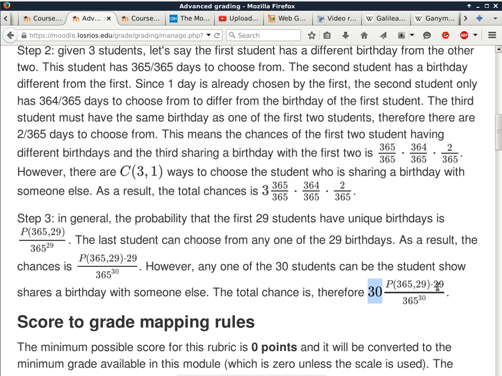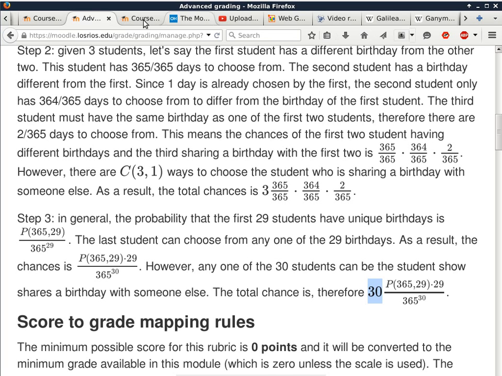That's why the numbers work out to be different. But in this case, I was asking for exactly 2 students, and that kind of threw a wrench into what we did with the practice exam. It's still related, because the first 29 students still have all different birthdays. It's just how you treat the last student, who has to share a birthday with one of the 29 students that have different birthdays.